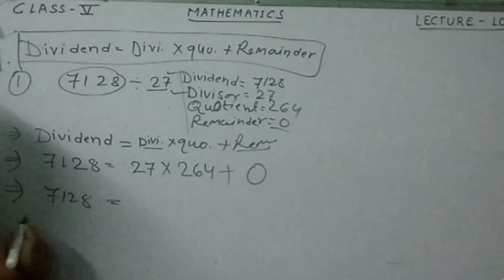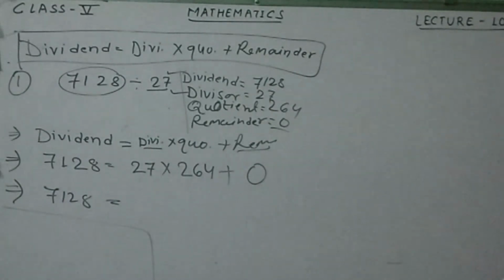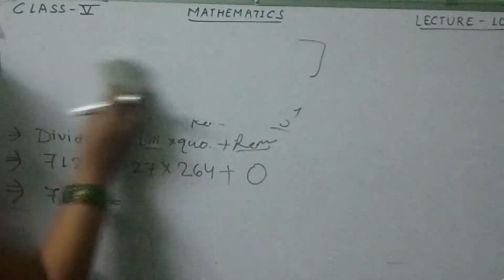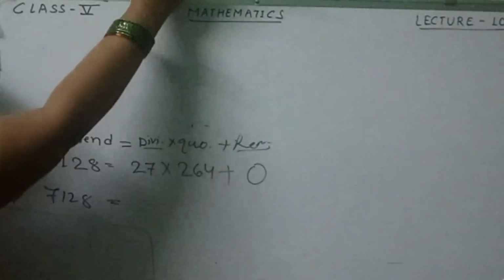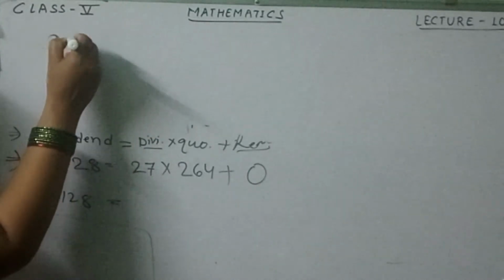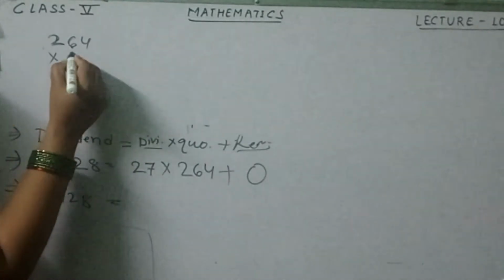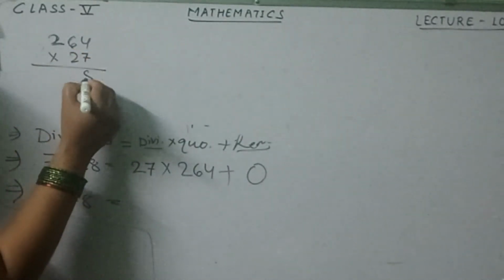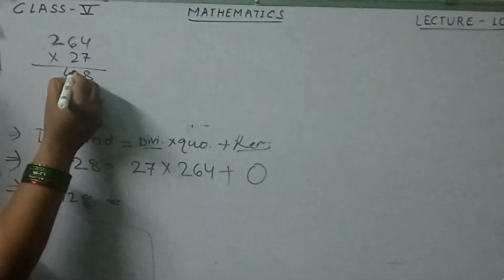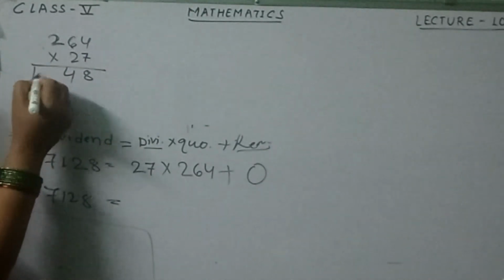On rough paper you multiply 264 by 27. 7 fours are 28, 2 carry, 7 sixes are 42 plus 2, 44, 4 and again 4 is carry, 7 twos are 14 plus 4, 18.